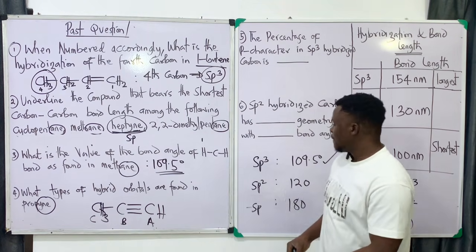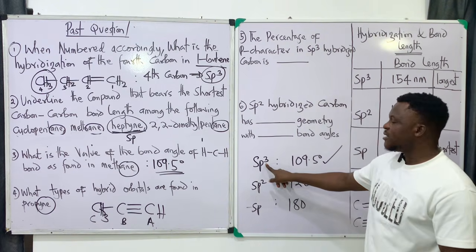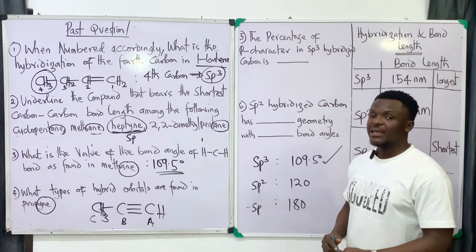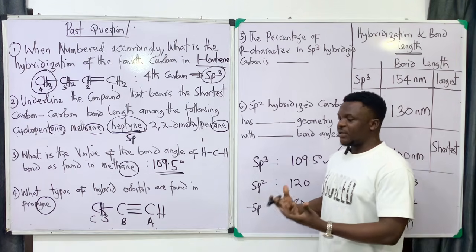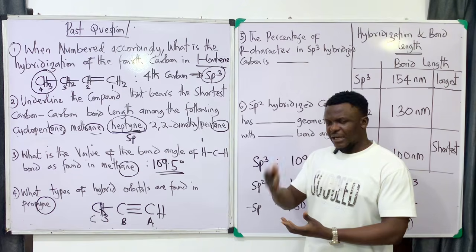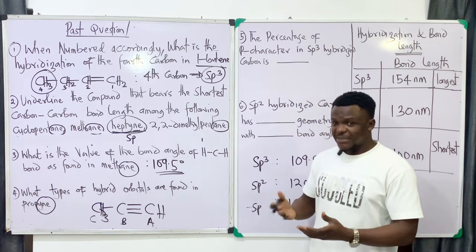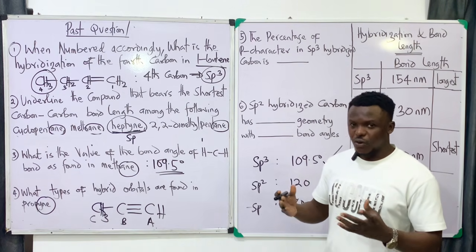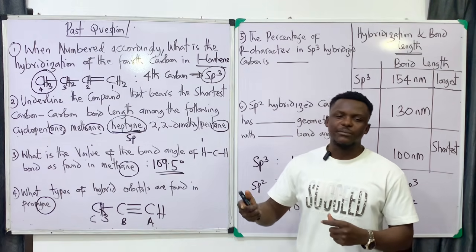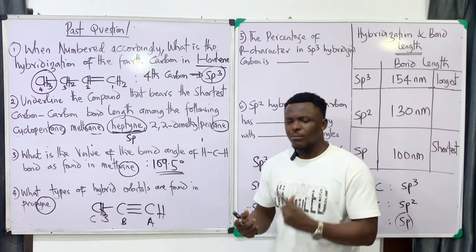Remember we said sp3 is mostly found in alkanes and sp2 can be found in alkenes. That does not mean that is the only hybrid orbital that can be present. sp2 simply means that a carbon has a double bond. What if in the same compound there is also another carbon that does not have a double bond but a single bond?